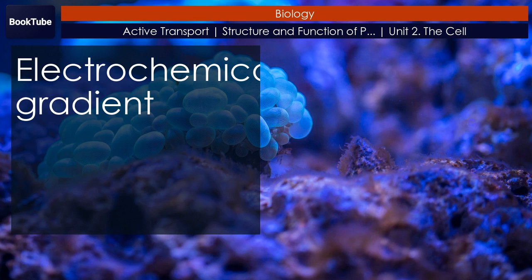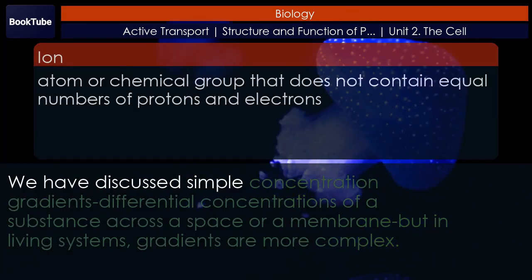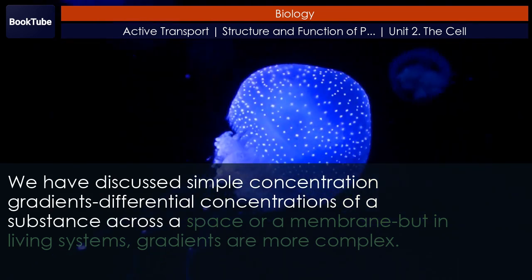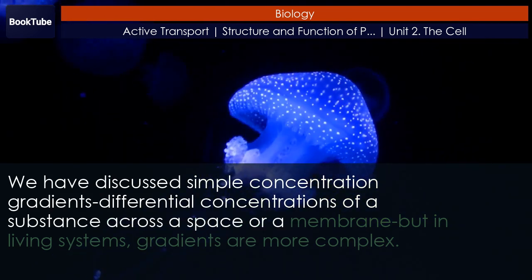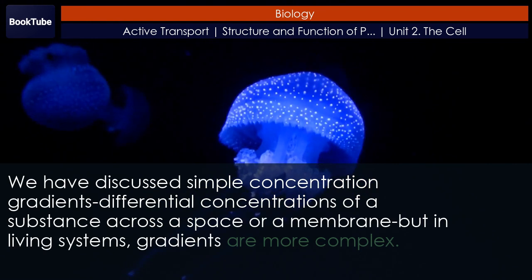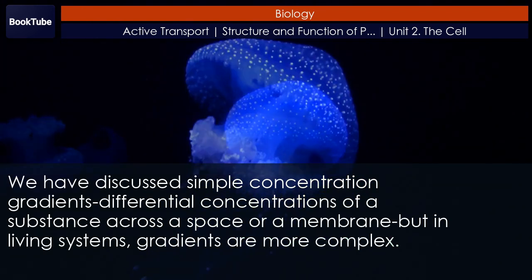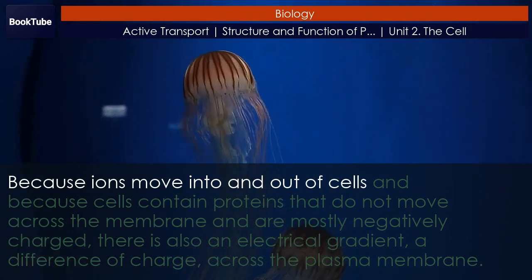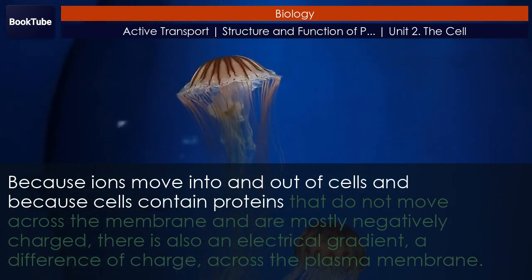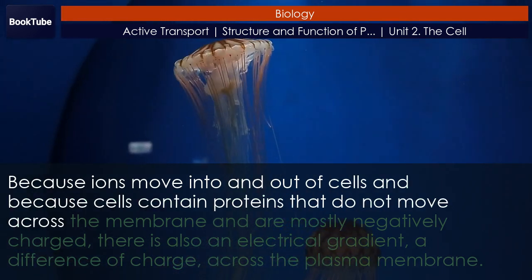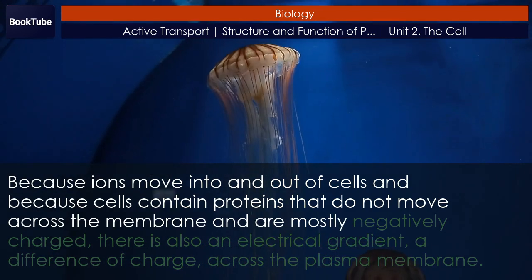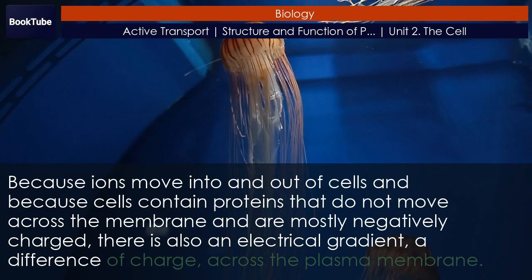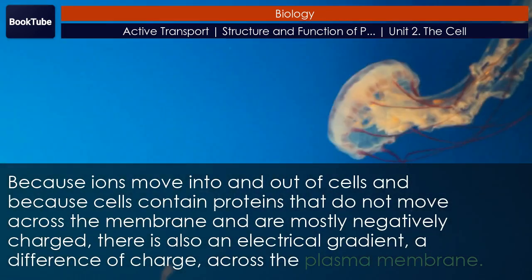Electrochemical gradient. We have discussed simple concentration gradients, differential concentrations of a substance across a space or a membrane, but in living systems, gradients are more complex. Because ions move into and out of cells, and because cells contain proteins that do not move across the membrane and are mostly negatively charged, there is also an electrical gradient, a difference of charge, across the plasma membrane.